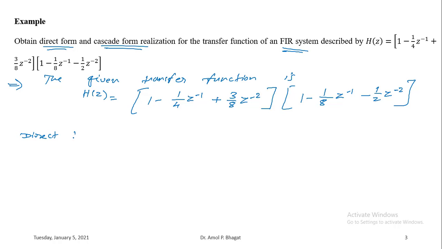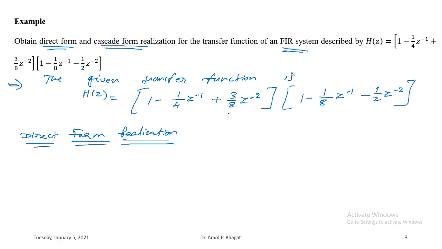For direct form realization, we will just modify this transfer function. We'll expand the transfer function H of z by multiplying these two brackets.